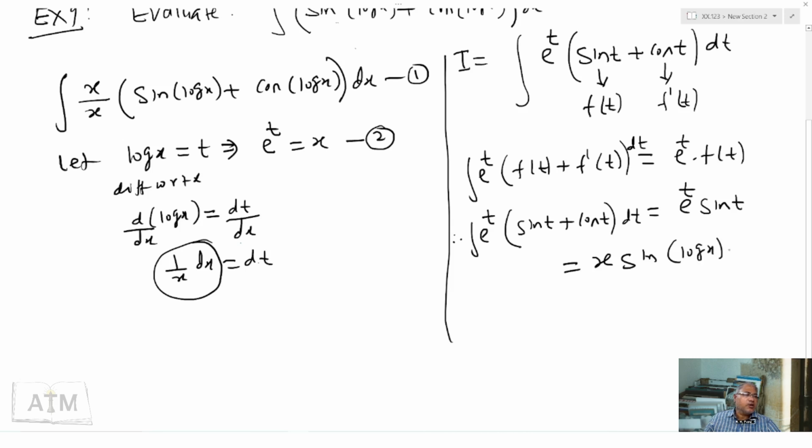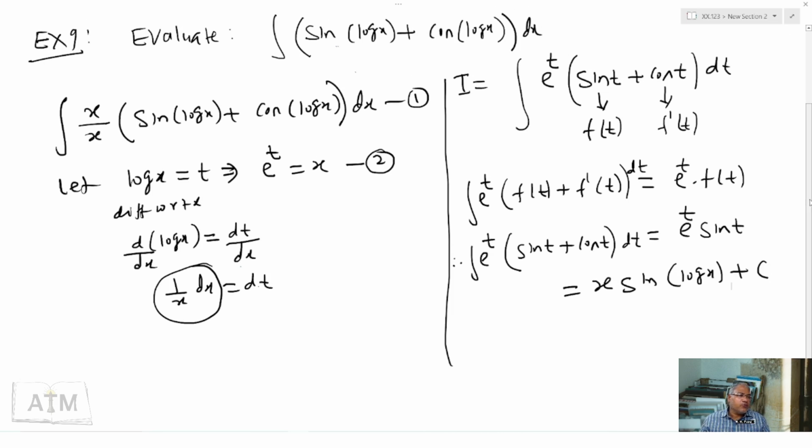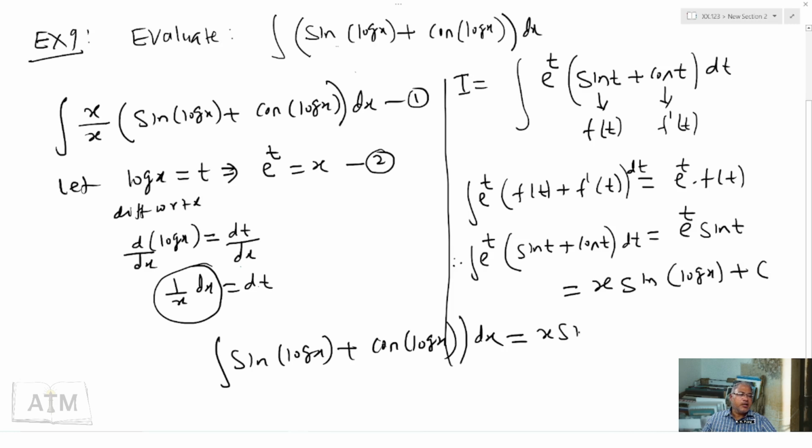So sine of log x plus c. This is the required answer. Therefore integration of sine of log x plus cos of log x with respect to x is equals to x into sine of log x plus c. This is the required solution.